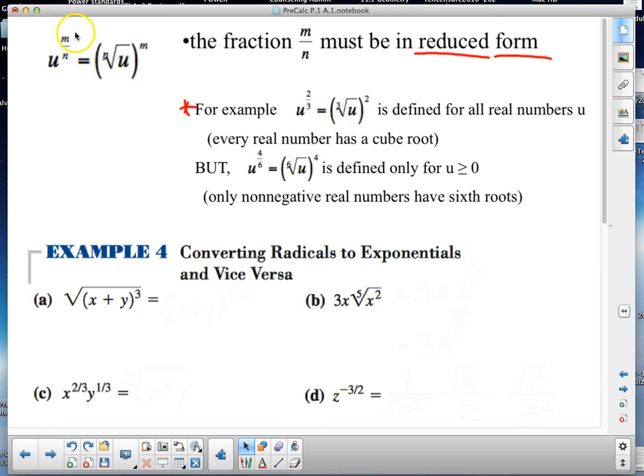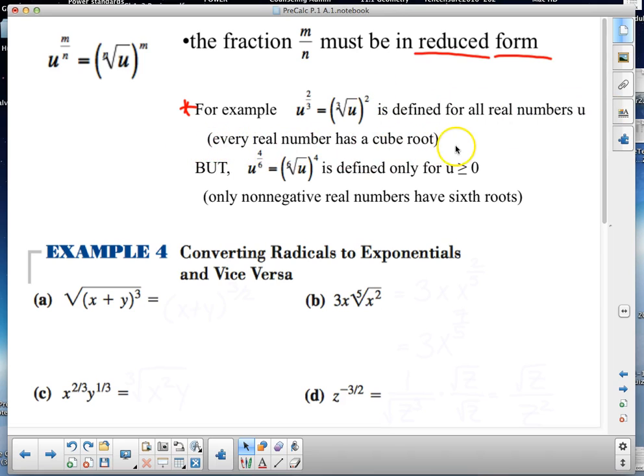Now, u raised to the m/nth is equal to the nth root of u raised to the mth power, and m/n must be in reduced form. The example u to the 2/3 power equals u to the cubic root squared is defined for all real numbers u.